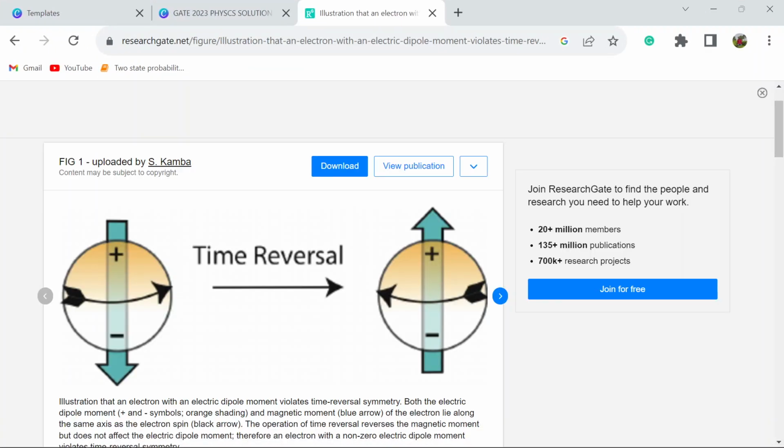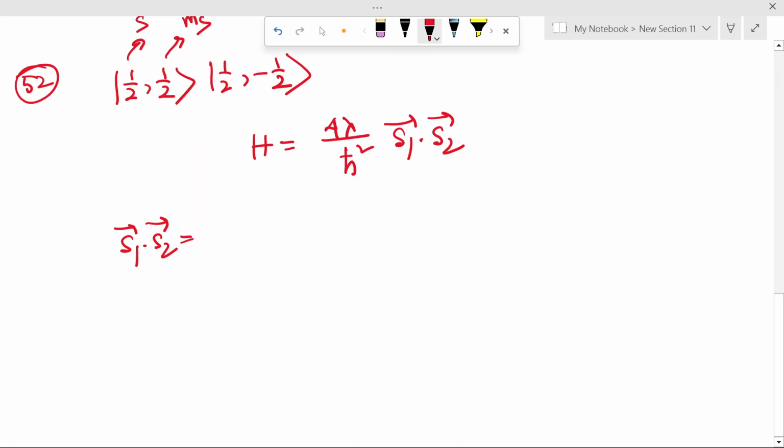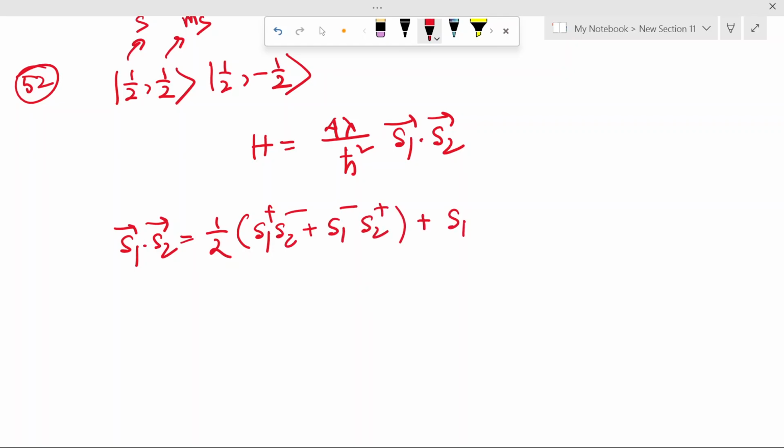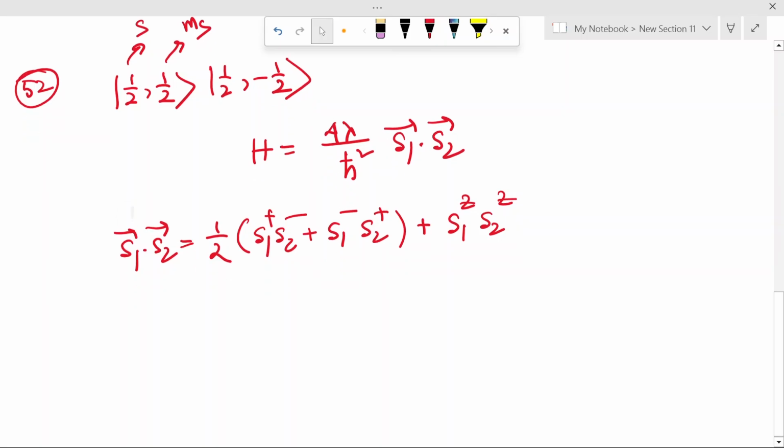So s1 dot s2 is half into s1 plus s2 minus plus s1 minus s2 plus s1z s2z.